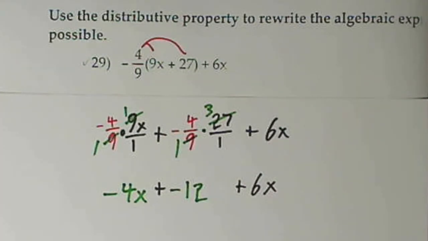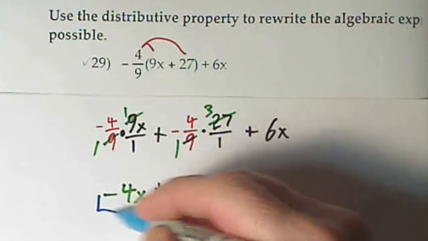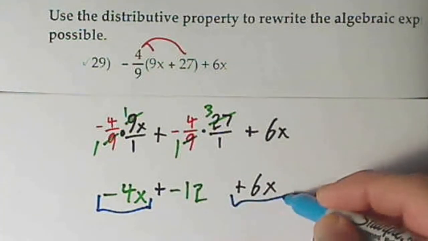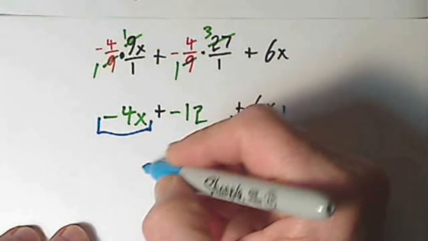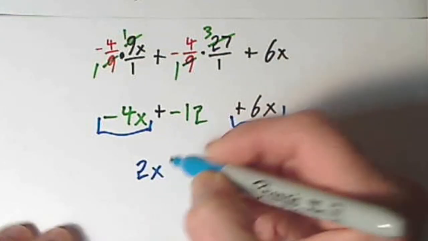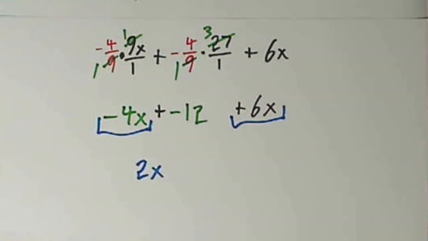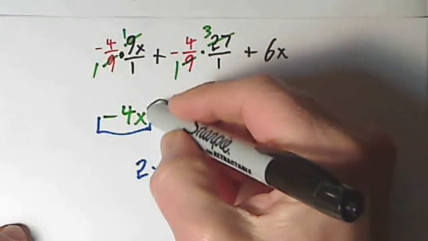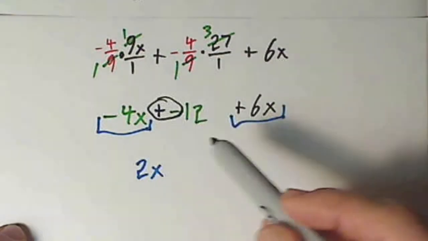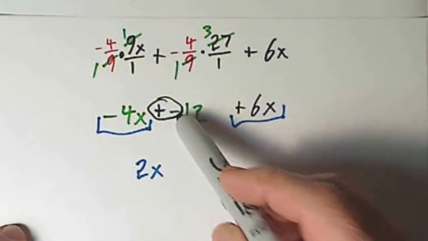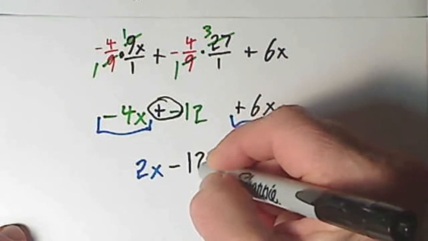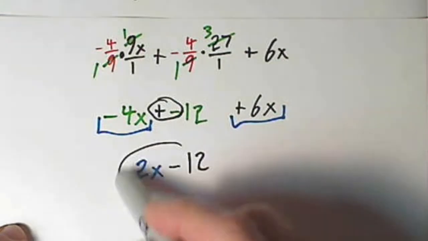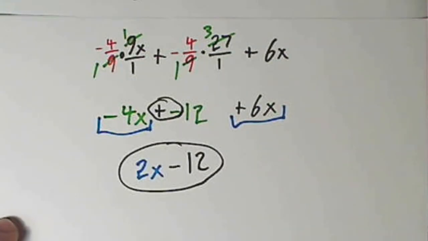Now these are like terms, -4x and a positive 6x. We can combine those, and that gives us 2x. And for the two terms in front of a number, I like to clean that up. I use the rules for multiplication. Positive times a negative is a negative, and bring down your 12. So this would be your simplified answer.